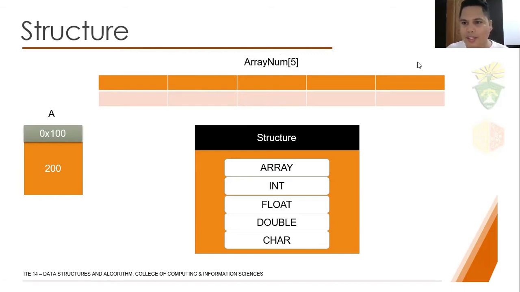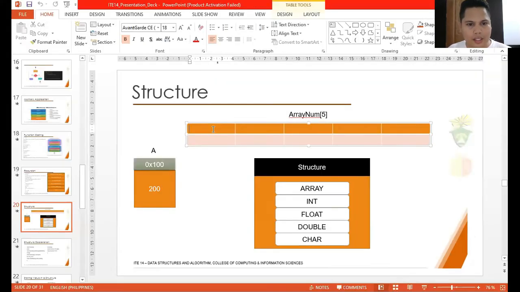That is why in our illustration, we have 5 compartments. As discussed in the previous video, our array index always starts with 0. Then you have up to 4.